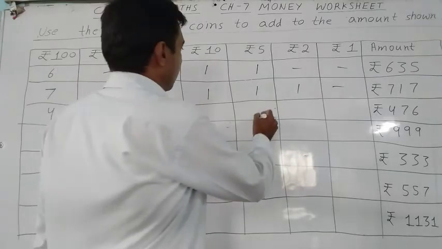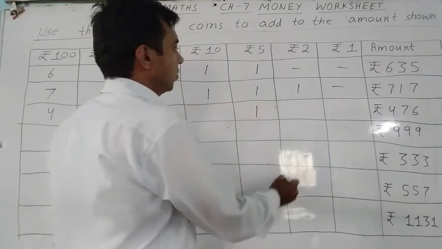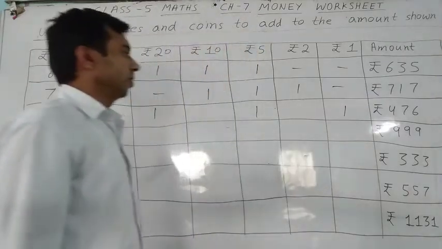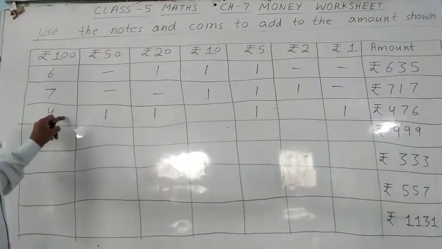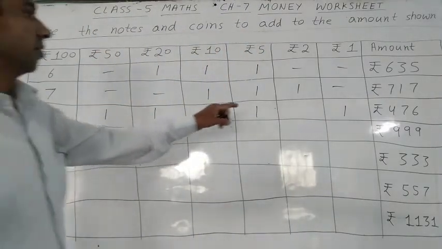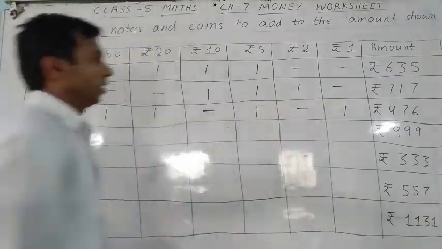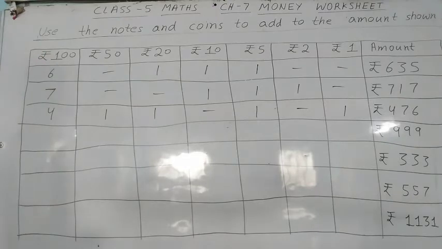Now 1 5 rupees coin and 1 rupee coin. See, 470, 5 plus 1, 6. 476.